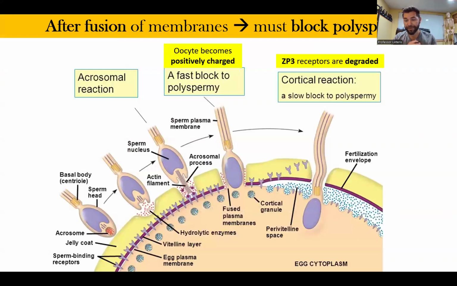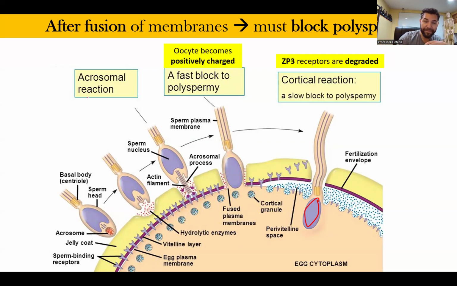After that sperm fuses with the membrane and the nuclear material is present in the cytoplasm, we want to make sure that no other sperm can get in, right? When you have multiple sperm getting in, that's called polyspermy. Not good, right? We want one nucleus fusing with one nucleus.